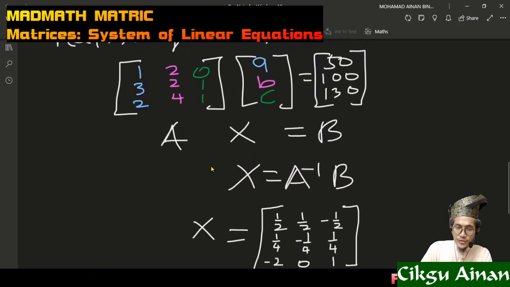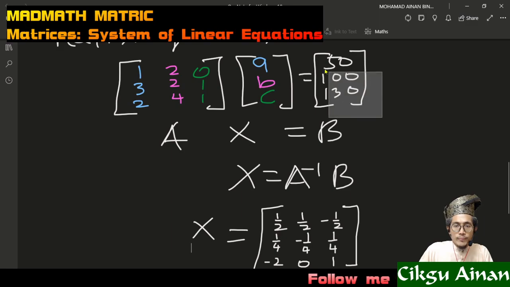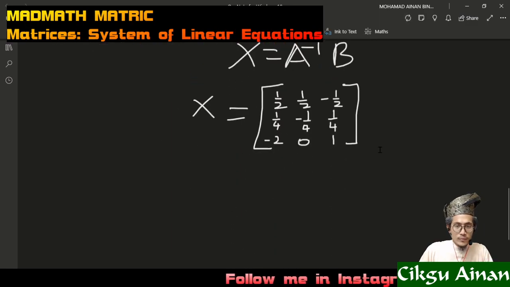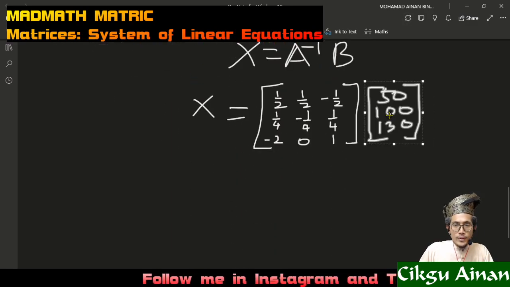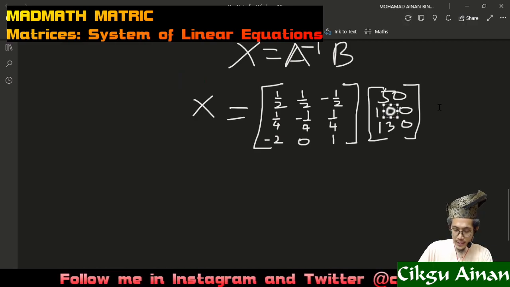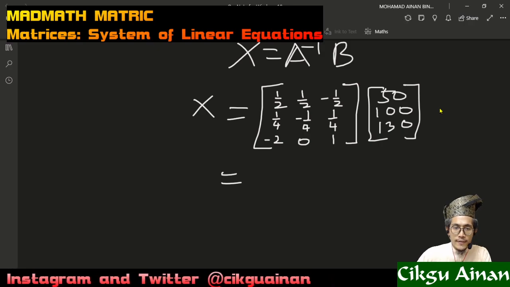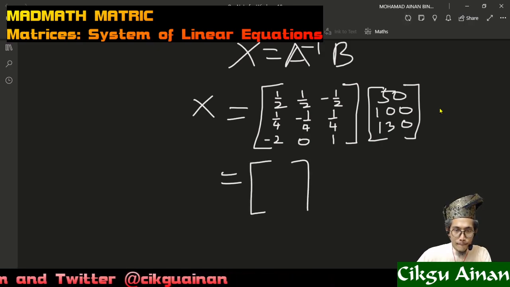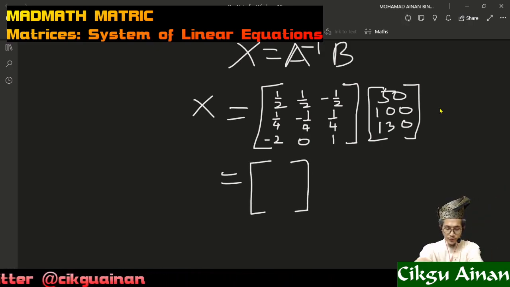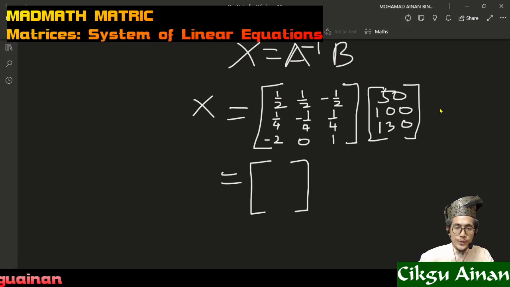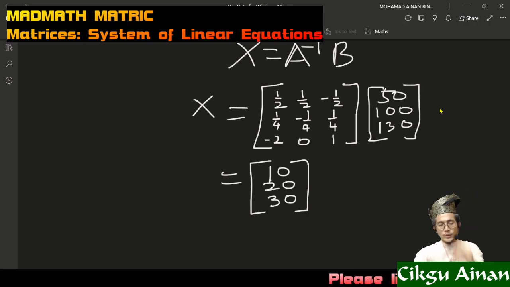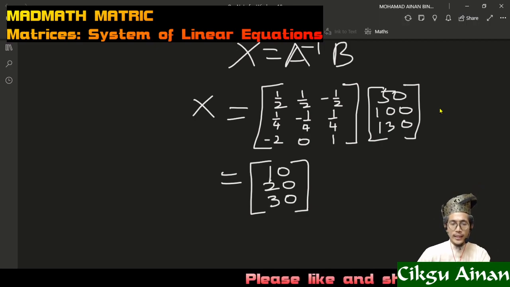B is this matrix, which I also copy. Then you can use your calculator to find the value of each one, and if you use it correctly, you might get 10, 20, and 30.